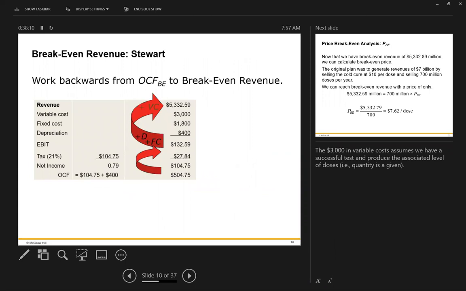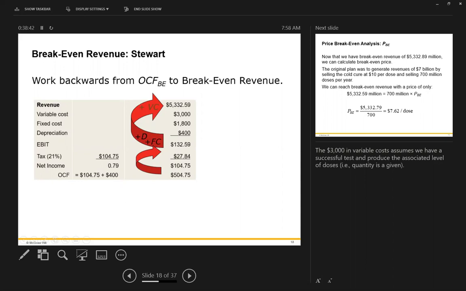Now you could work backwards to determine, okay, we know how much cash flow we need to break even, but how much in revenue is that? And we would have to use the information from the problem. So the first thing we would have to say is, okay, if we know we need 504,775 in cash flow, and 400 of that is from the depreciation add back, and we want to determine net income, subtract it out.